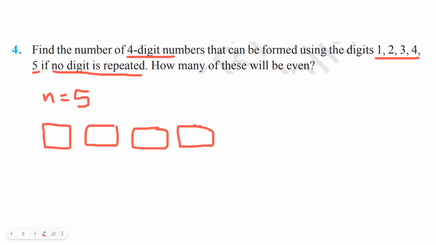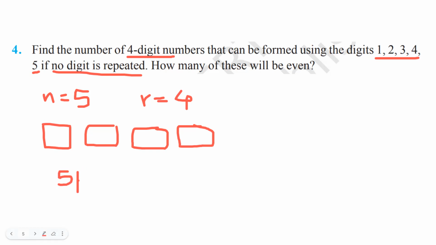It means r equal to 4. Then how many different 4-digit numbers can we create?